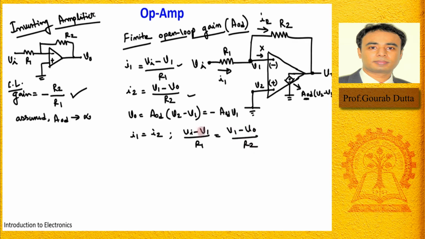Here we have to replace a few terms. For example, how can we replace this V1 term here? In this equation, V1 is related to V output. So how can we write V1? V1 is V output by AOD. So let us write it here then.